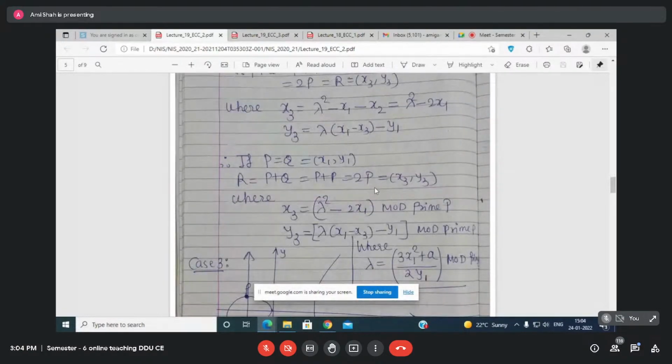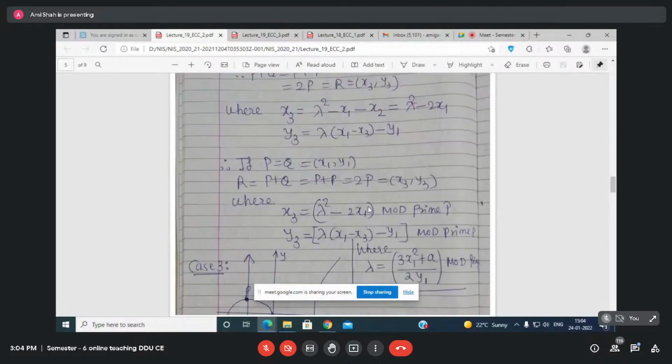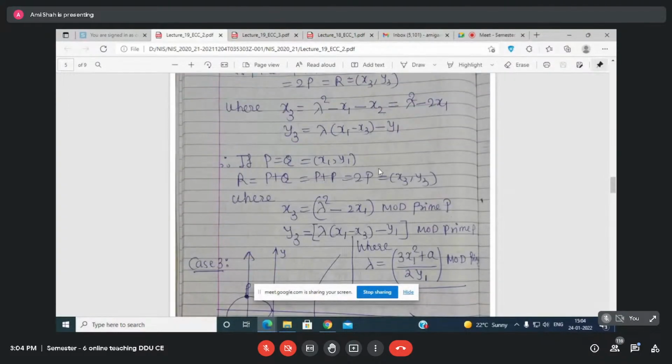So remember this equation. If P equals Q, that means in the second case the two points overlap. In this scenario, when you are performing the addition of two points, it is P plus P, because both the points are the same, so it is 2P, and that equals x3, y3.